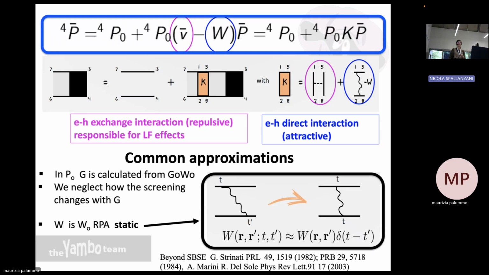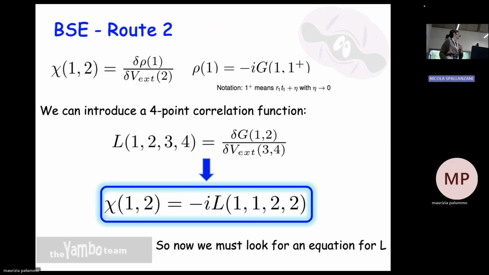We also do another approximation: in principle, the interaction depends on two positions, R, R prime, T prime, but what is generally done is to take the interaction as static. So in the Bethe-Salpeter equation, the kernel is only the static interaction at omega equal to 0. This is another approximation. There are attempts to go beyond; there are several papers, and I put other references at the end of the seminar.